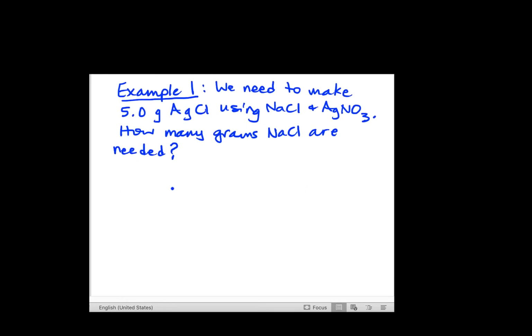So our first step is to write a balanced chemical equation. We know that we're using sodium chloride and silver nitrate, and we're making silver chloride. So we need to predict our final product, which is sodium nitrate.